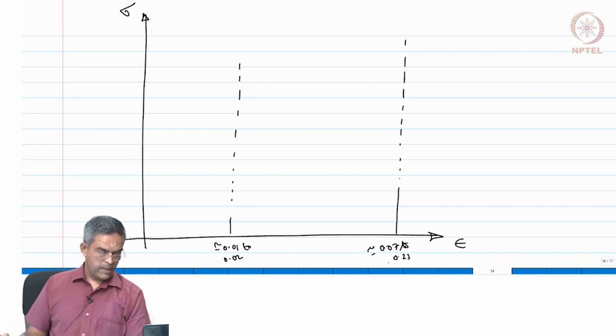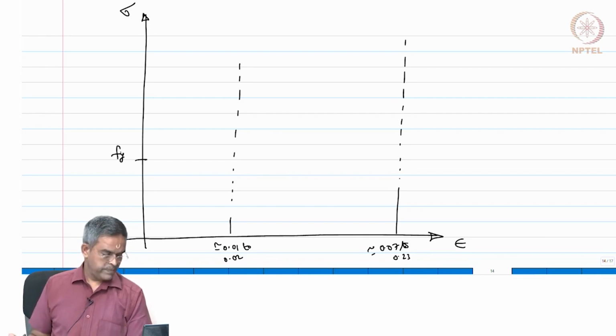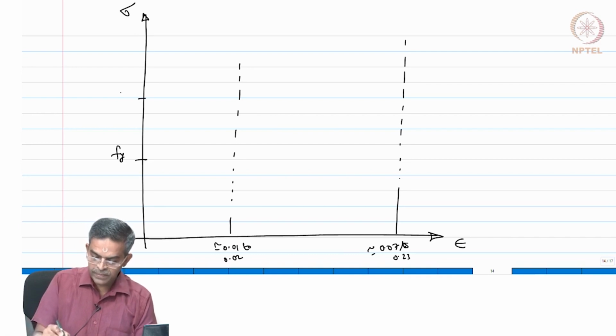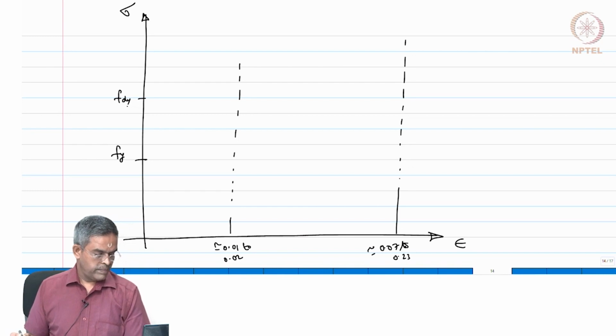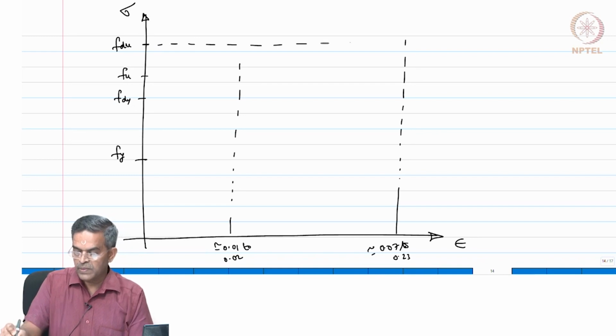Okay. Let us say this is my Fy and this is my Fdy, and let us say this is my Fu and this is my Fdu. I will have control points, okay. Let us have these control points.